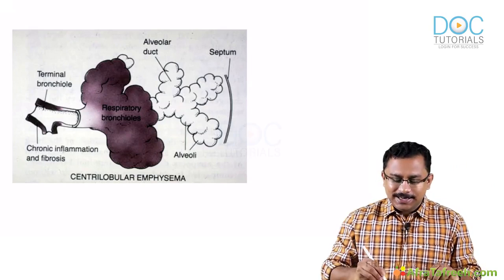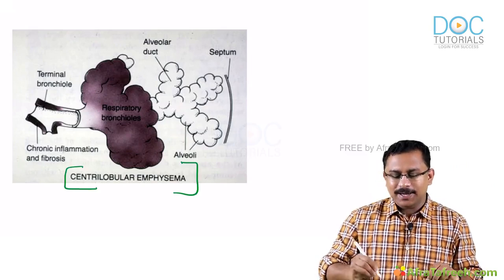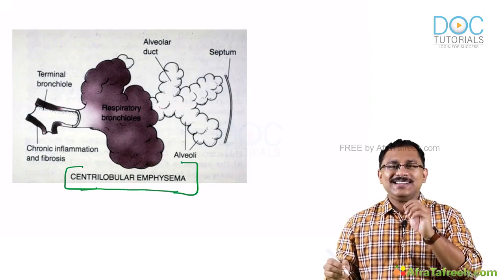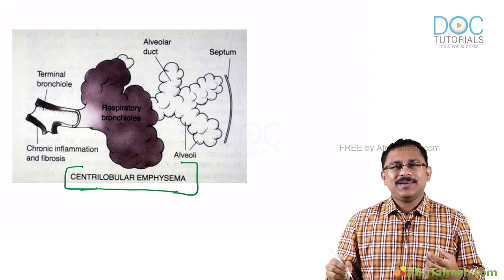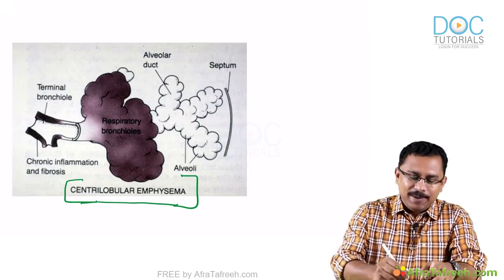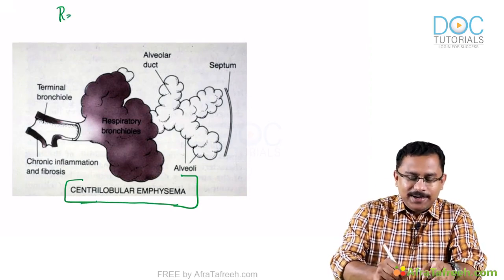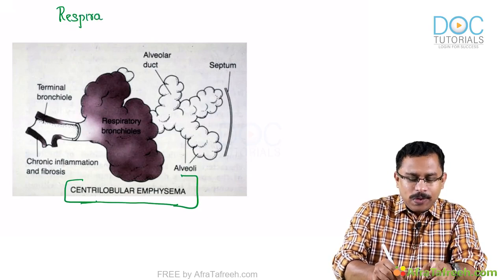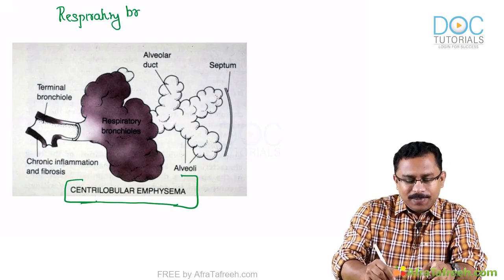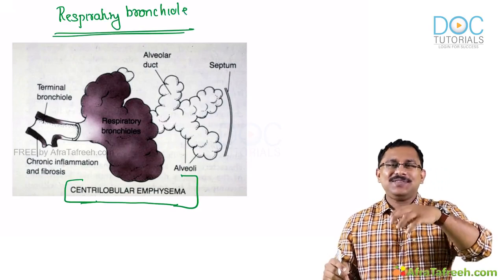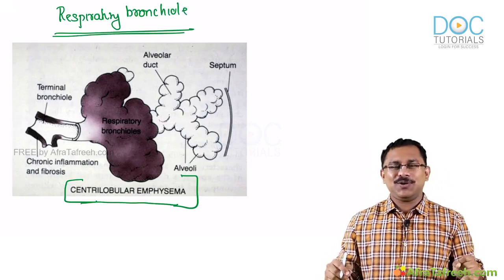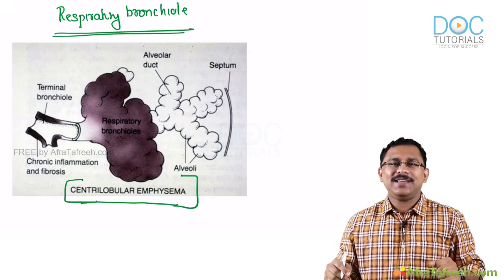Now what happens in a centri-acinar emphysema, which is also called a centri-lobular emphysema, is that the brunt of the attack happens in the respiratory bronchiole, which means it's not in the alveoli. The brunt of the attack occurs in the respiratory bronchiole. Now what is the end result of that?